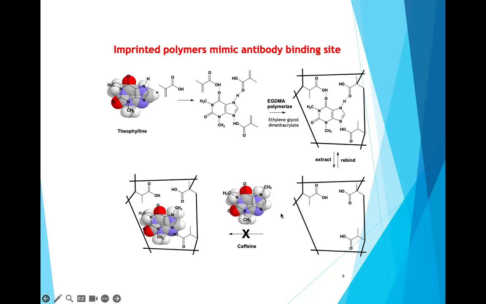If you have a mixture of other compounds in that sample, they shouldn't interact with the polymer. It should be the one that we design. This is what we call imprinted. We imprint the cavities with a specific size and a specific shape of the molecules that we wish to extract.